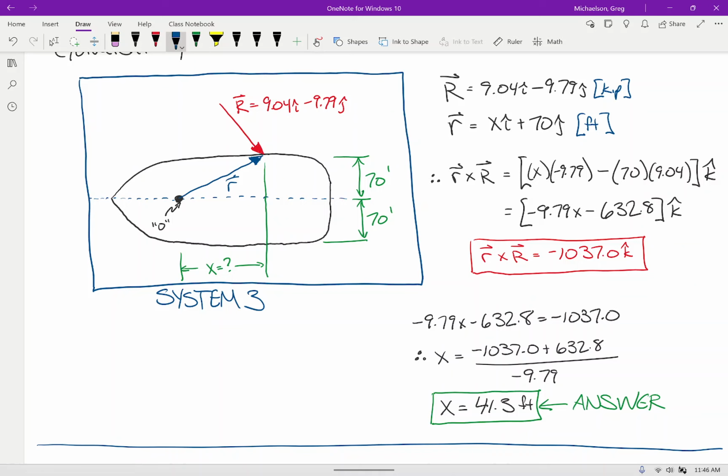So, system 1 had a bunch of boats. System 2 had 2 vectors, a force vector and a moment vector. System 3 only has 1 vector. We just put it at this very magical spot. Where do we put it? Wherever it needs to be to generate the same amount of moment.